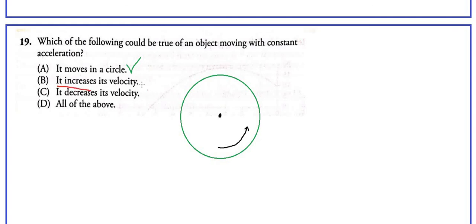Likewise, the acceleration also can be negative. You can think that the car is decreasing speed at the constant acceleration or increasing at the constant acceleration. So the speed can be increasing or decreasing at the constant acceleration. So all three are correct above for constant acceleration.